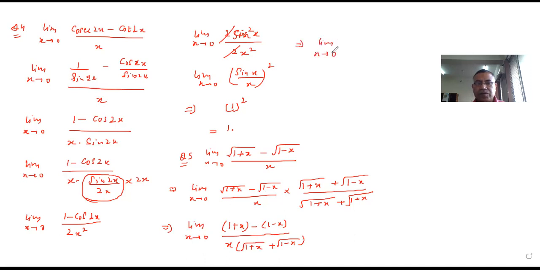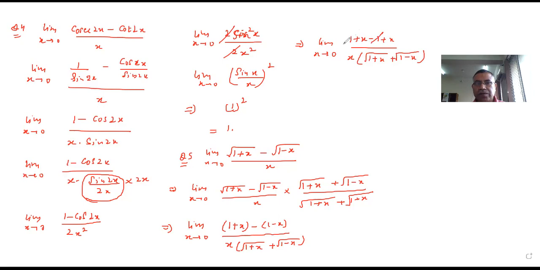Limit x tends to 0, (1 plus x minus 1 plus x) upon x times (root (1 plus x) plus root (1 minus x)).